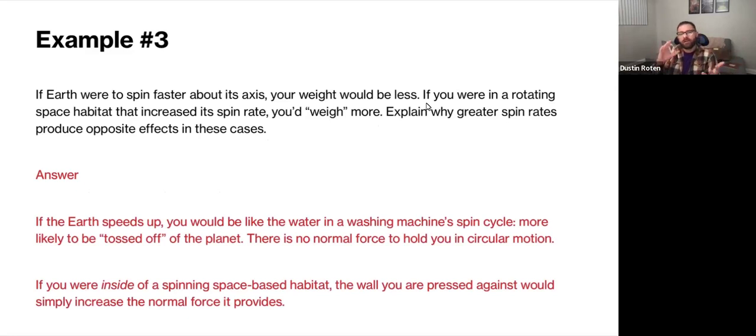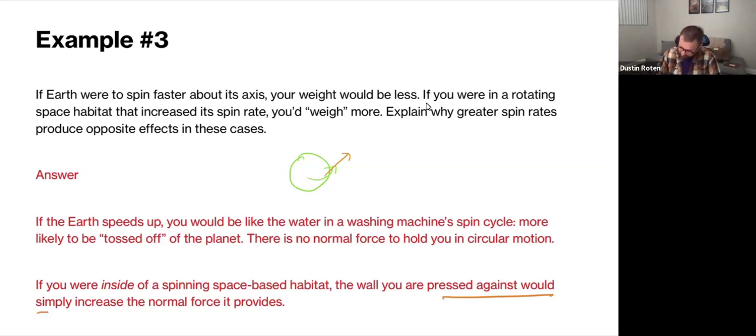You would be more likely to be tossed off the planet. So as it's spinning, you would be more likely to be tossed off the planet on a tangential path, right? There's no normal force to hold you in circular motion. However, if you're inside a spinning space-based habitat, then you'll just be pressed against the wall.